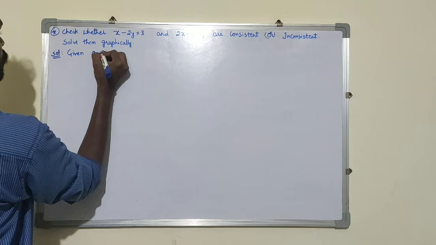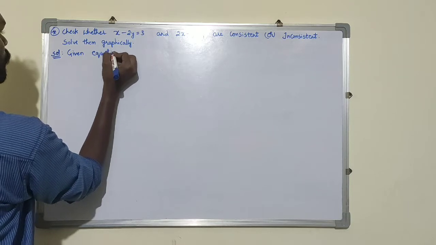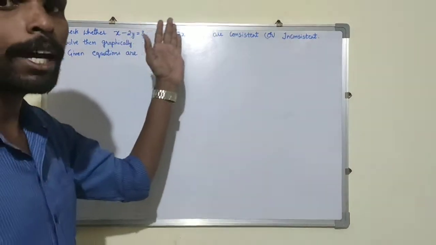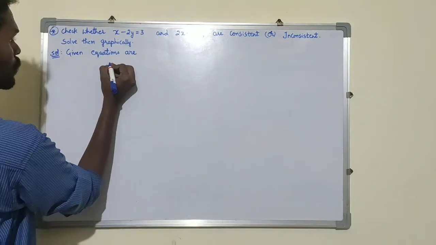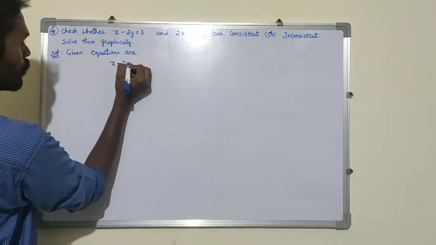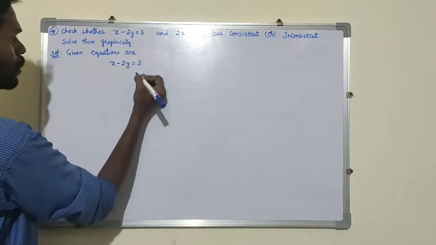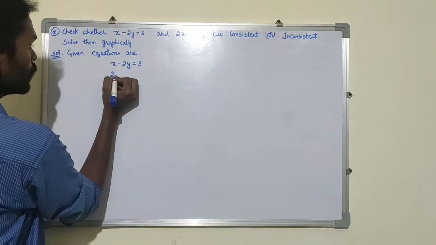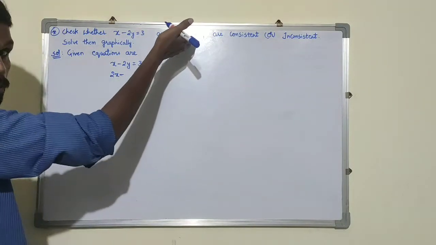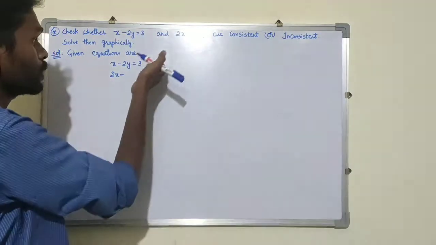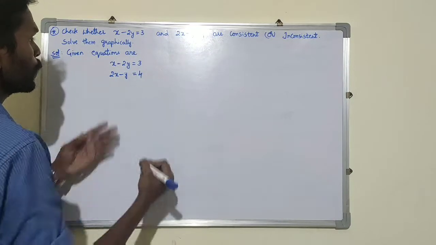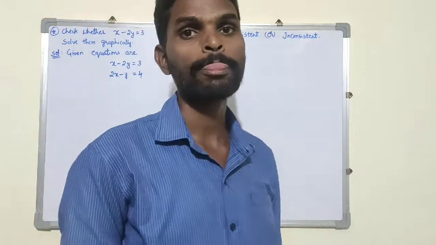Given equations are x minus 2y equal to 3 and 2x minus y equal to 4. See, this is the equation. In that portion it is not visible, that's why I am writing here again. And see here, the second equation is 2x minus y equal to 4.